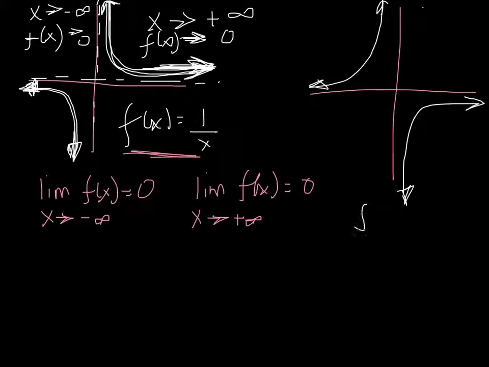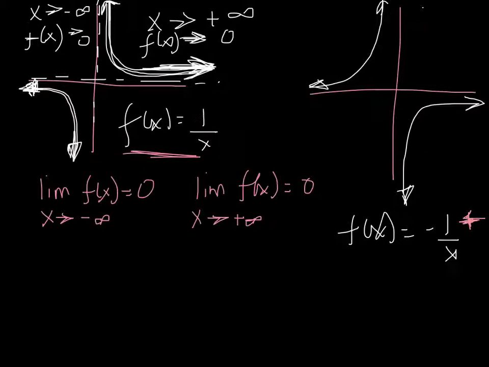This is the equation f of x equals negative 1 over x. That's where this number right here, my a value, is negative. It reflects it over the x-axis. Okay, so I'm going to write the limit notation.